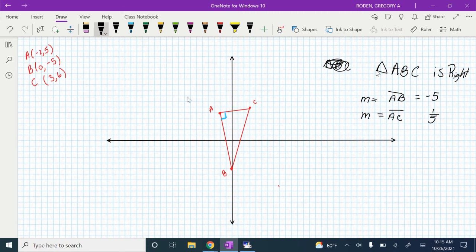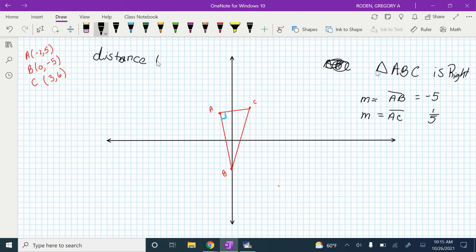So now let's figure out a couple things here. First of all, let's figure out the perimeter of this triangle. This will be a good practice of the distance formula. So what is the distance formula, guys? Distance formula is something you should probably have memorized, or for the next test, you definitely want to have this on your note card.